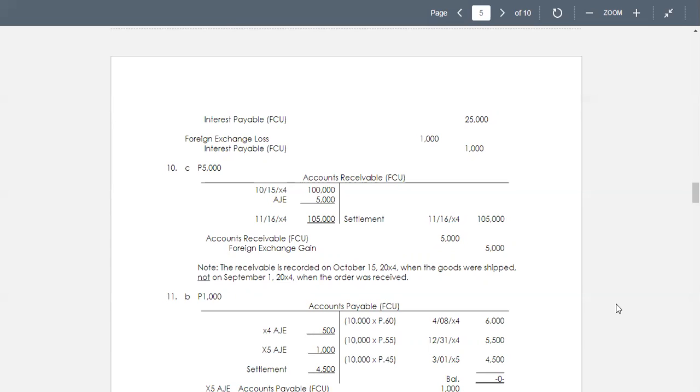Actually, there is no rate given, but you can consider 0.55 as the rate on December 31. So we have a credit for 5,500. And on March 1, we have another for 10,000, and then you multiply that by the rate, that's 0.45.